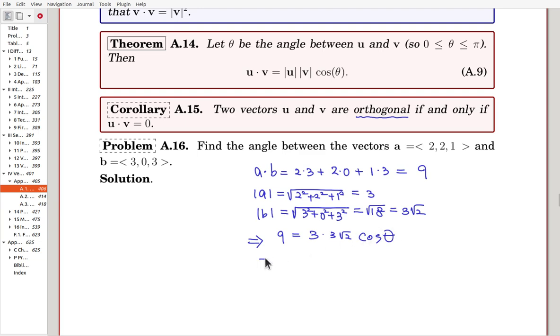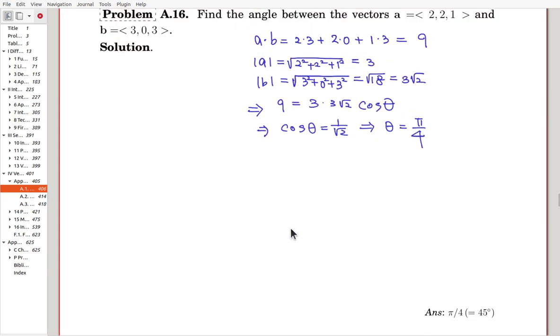Right? So from here, 9 will be cancelled and divided by square root of 2. We can reach here 1 over square root of 2. From this one, we can conclude that theta is pi over 4. Right? Okay.